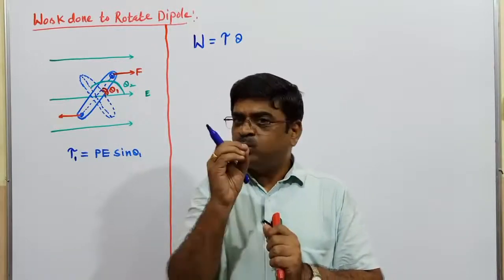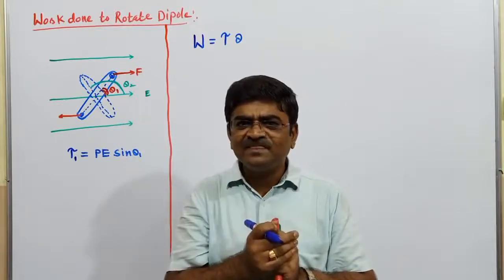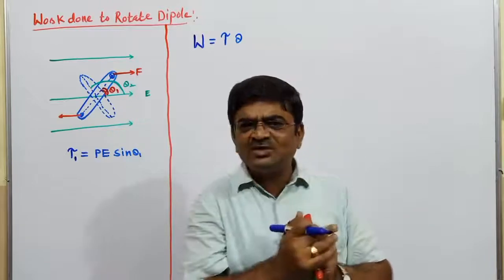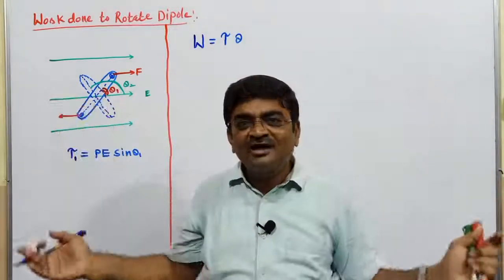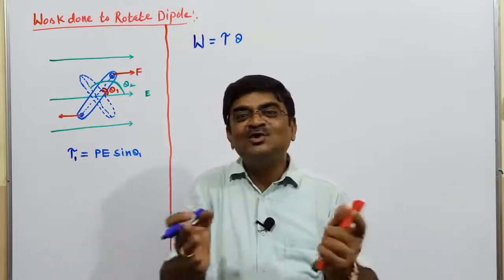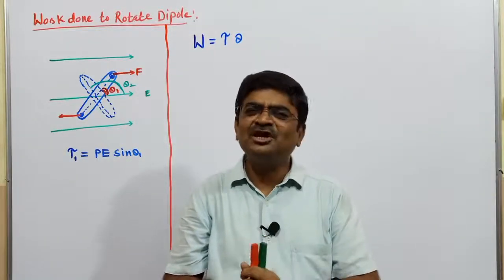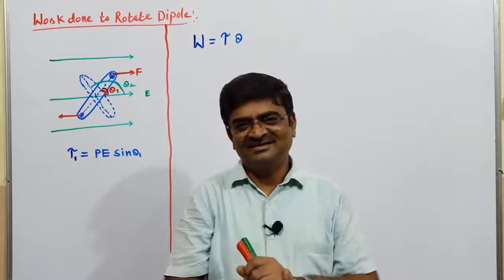Force into small displacement, you get a small work done there. Many such small work done you calculate, and altogether, if you add those, you will get the net work done. Even in the present scenario, I have got that case.